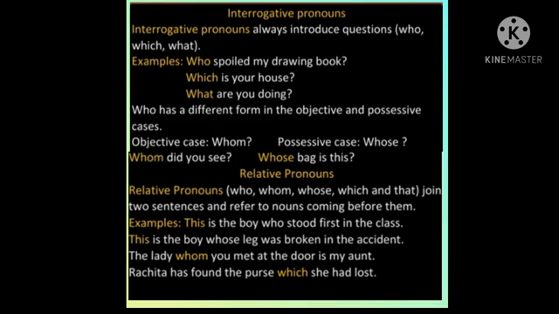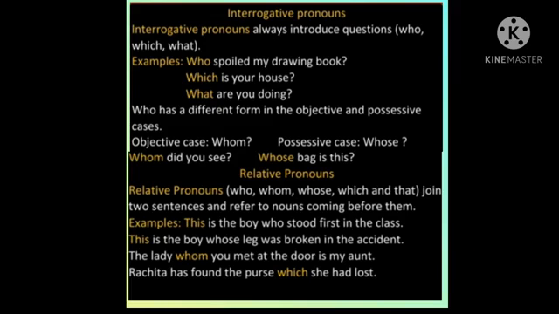Then you can see another example. This is the boy whose leg was broken in the accident. So we can divide this sentence like this is the boy, then another sentence, whose leg was broken in the accident. So together we are combining with the help of the word whose. Then the lady whom you met at the door is my aunt.